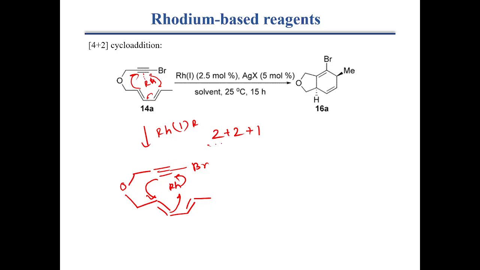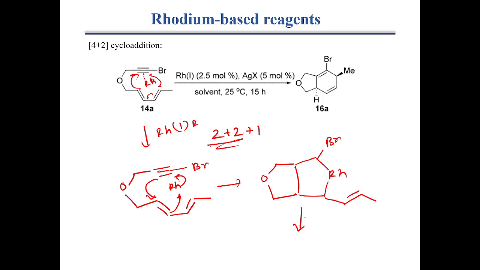So a 2 plus 1 cyclization reaction happens. This gives this rhodium-attached product, with bromine and rhodium.